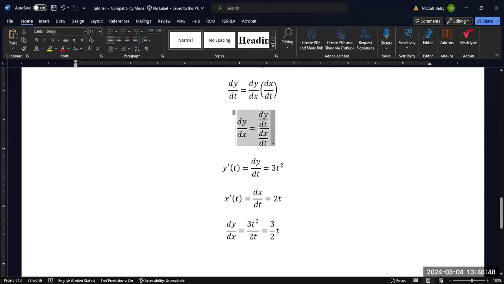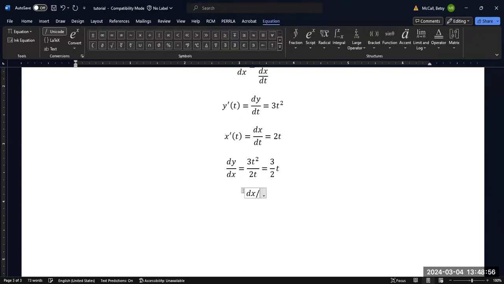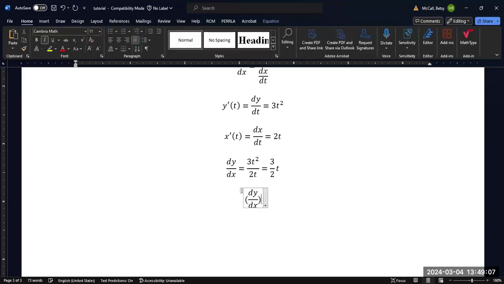Again, if I take this derivative, the derivative of y with respect to x, dy/dx, and then I take the derivative with respect to x again, d over dx, this dy/dx is itself a function of t already, and so I'm going to need to take the derivative, but then I'm also going to need to divide by another derivative of x.